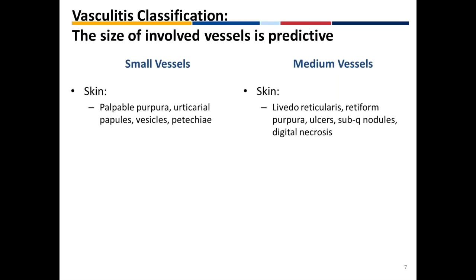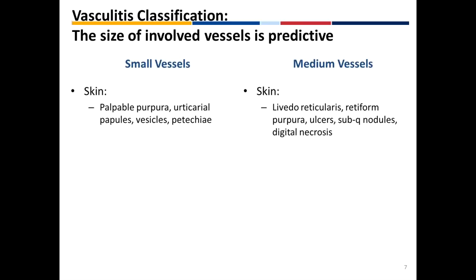And the reason this is helpful is because once we know what size vessels are involved in a given disease, it allows us to predict what sorts of clinical manifestations we might see, and vice versa. It enables us to look at a patient or look at the skin and, based on what we see, be able to predict what diagnoses are most likely.